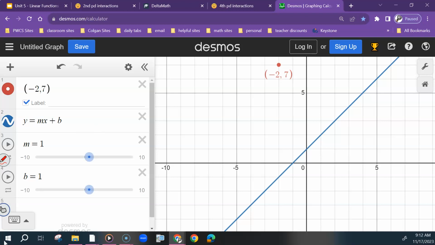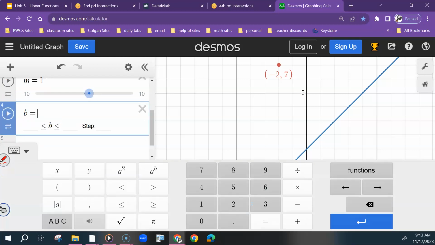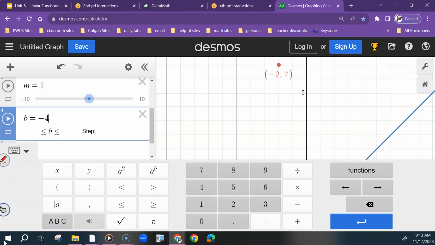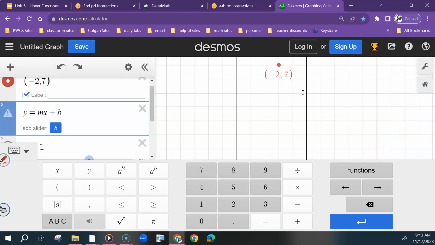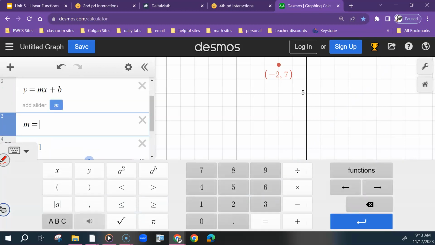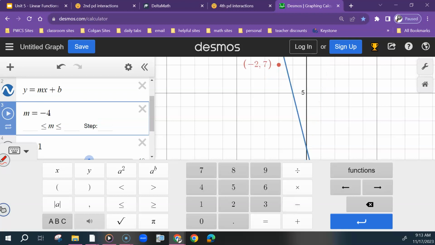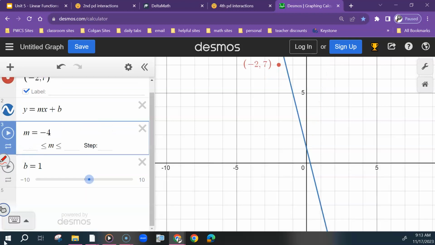Now this one, if it's parallel, you know the slope has to be the same, so you could change the slope to be -4. Then you can move this until it goes through that point.